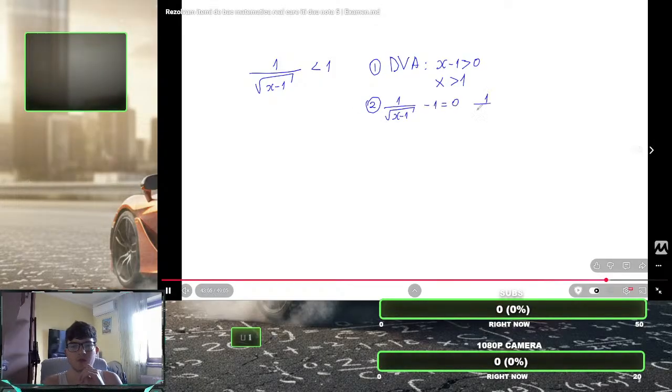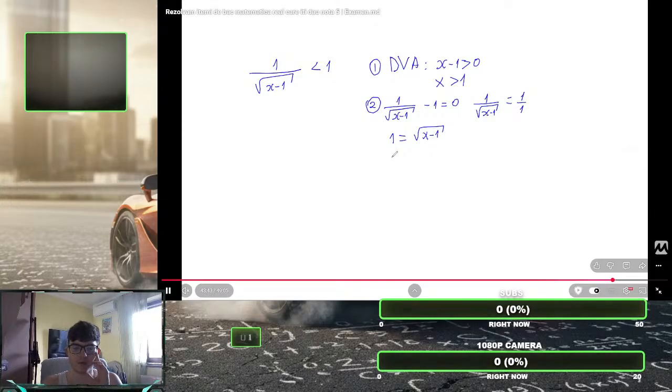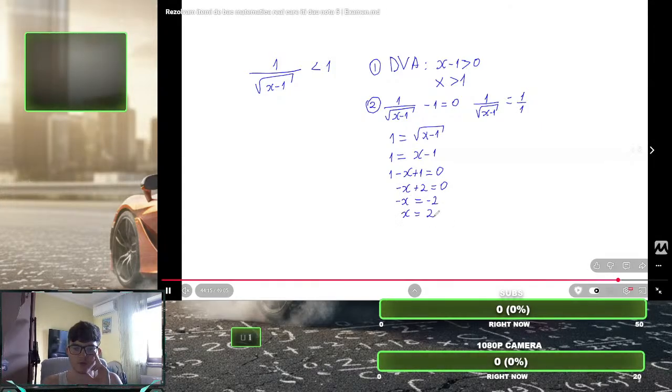Now the second thing, we work with that. So it's going to be that, and we just multiply diagonally, put everything to the second power, so it's going to be the same thing but without square root. And we will have minus x plus 2 equals 0.